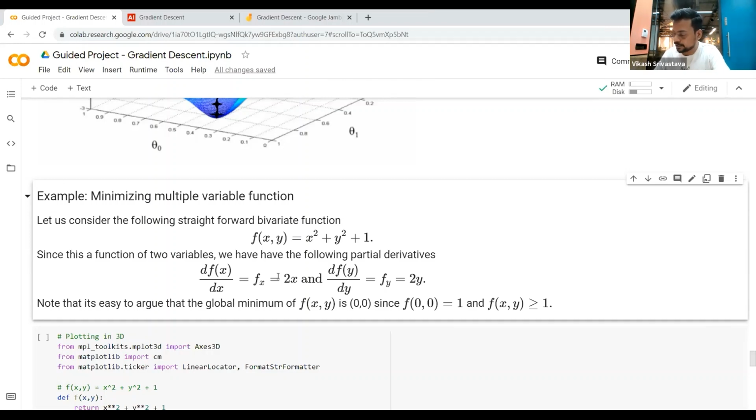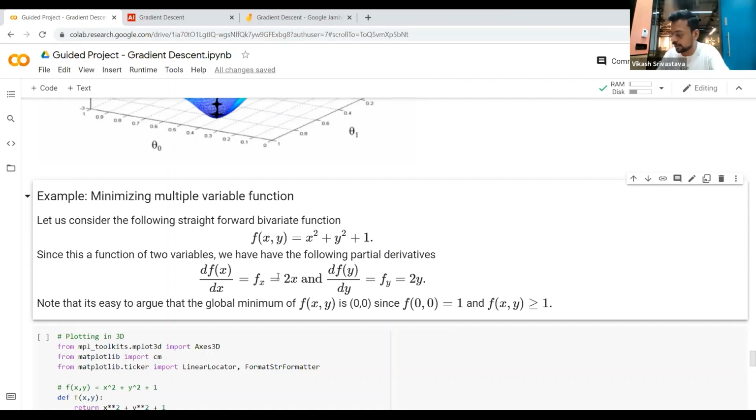Then we find the partial derivative with respect to theta 1, which will be 2 theta 1. We'll equate both the terms to 0, and essentially we'll be solving them simultaneously. So theta naught is equal to 0, theta 1 is equal to 0, and as you can confirm, the minimum of this function is 1.